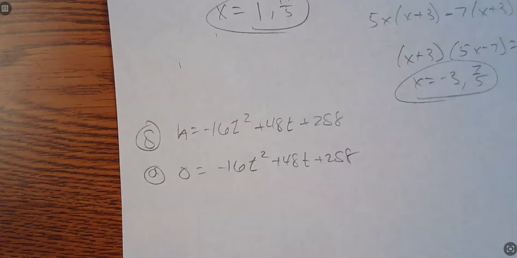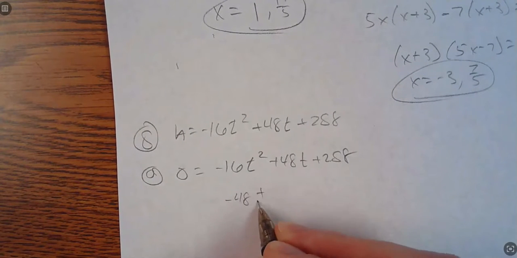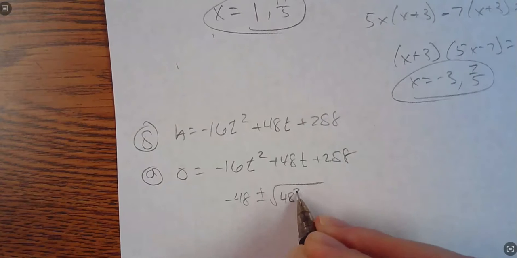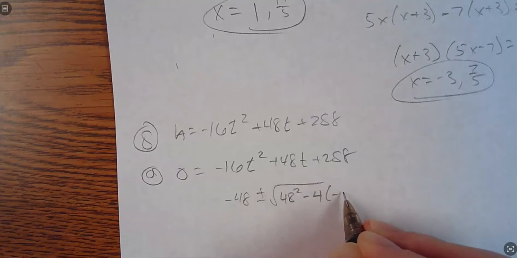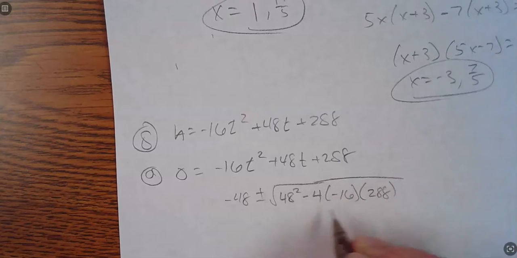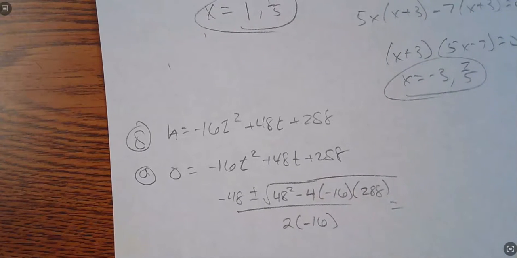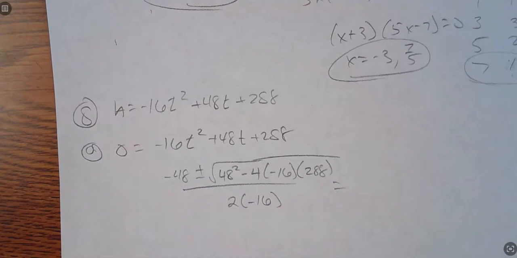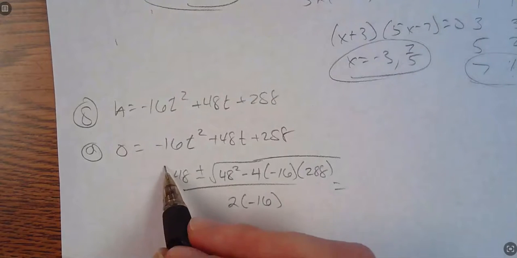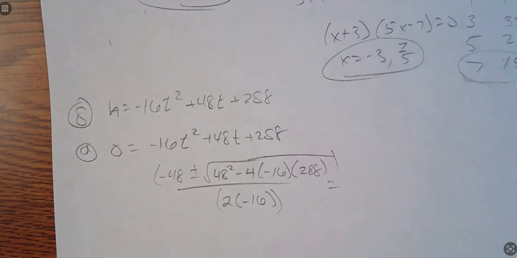So with the quadratic formula, negative 48 plus or minus the square root of 48 squared minus 4 times a times c, divided by 2 times a. If you want to type it all in the calculator at once, make sure the top's in parentheses and the bottom's in parentheses.